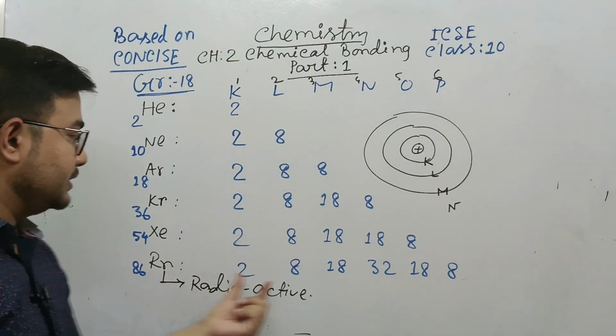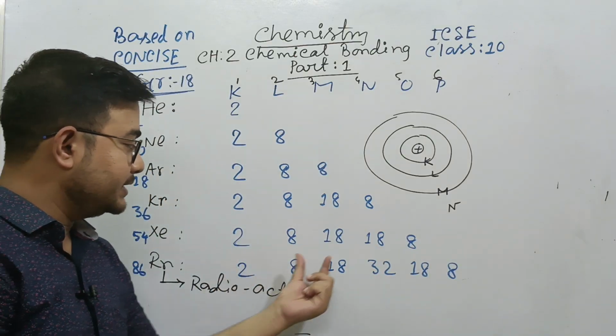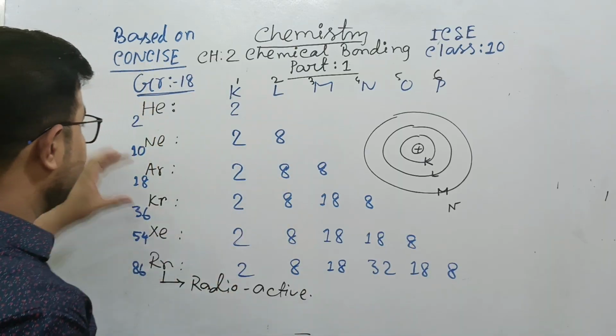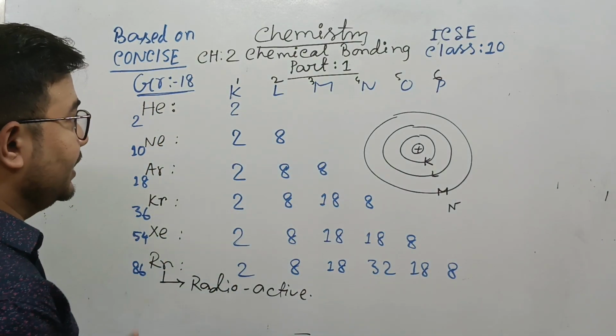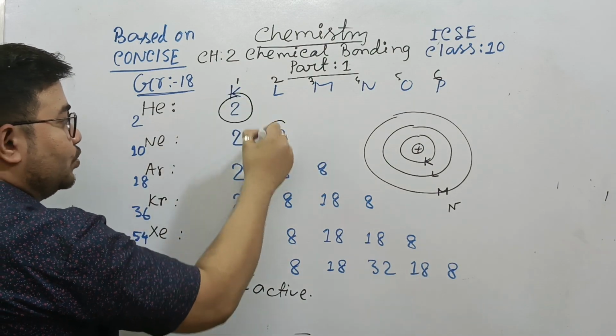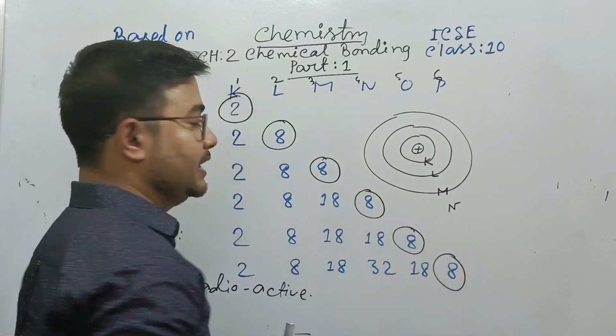In case of radon, the new number is 32, that is 2, 8, 18, 32, 18, 8. But this is not important, you can memorize only the first 3. Just look at the board, the outermost numbers are 2, 8, 8, 8, 8 and 8.